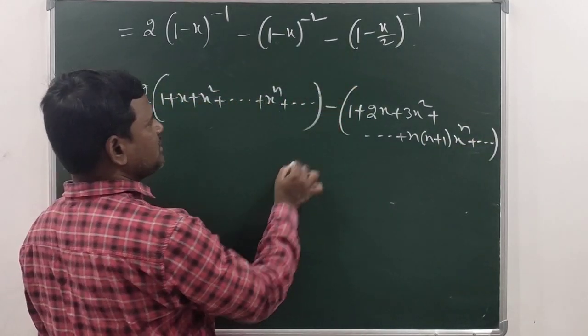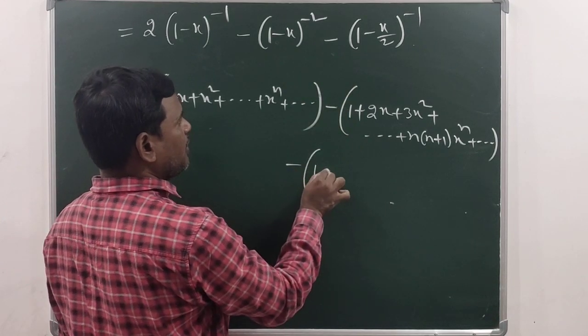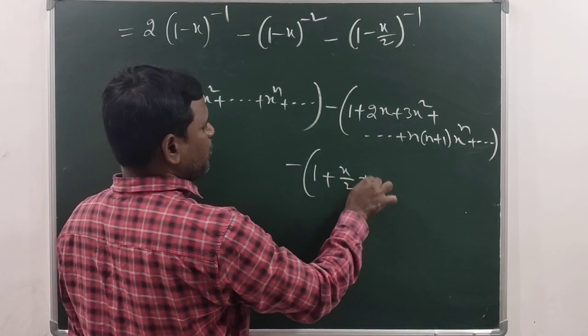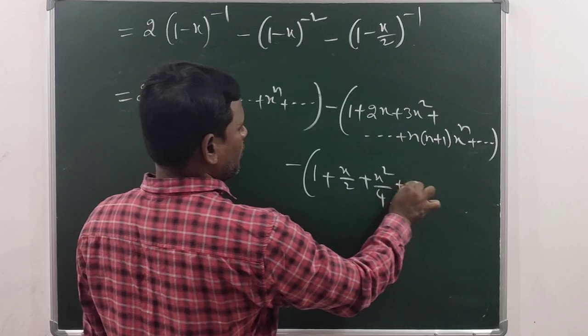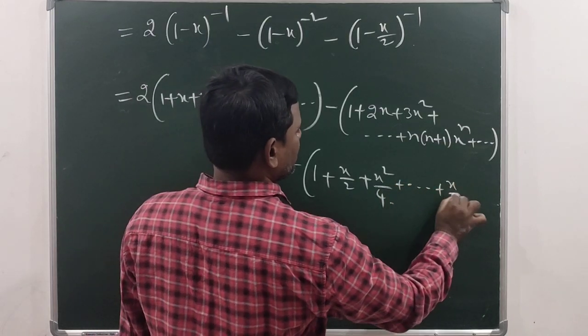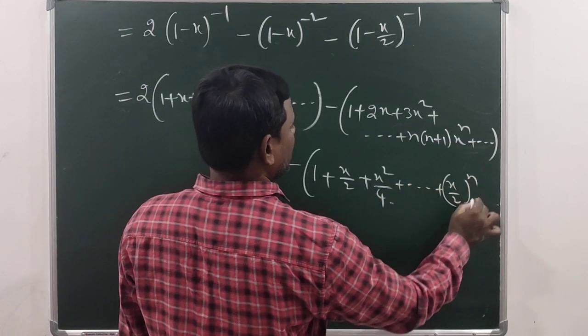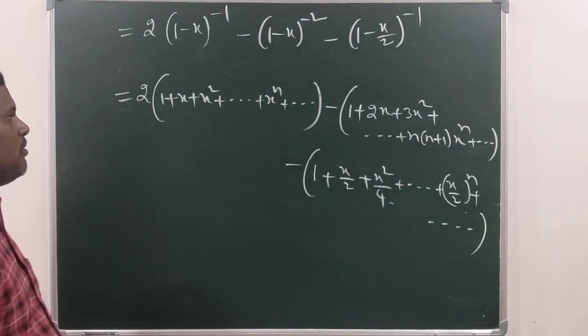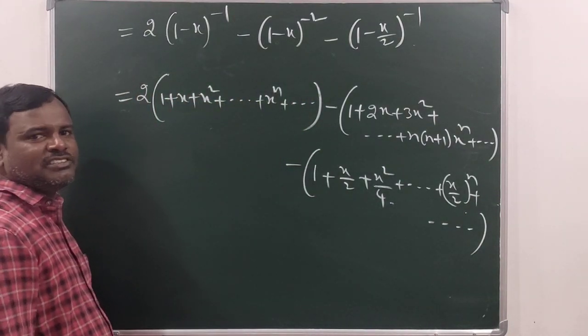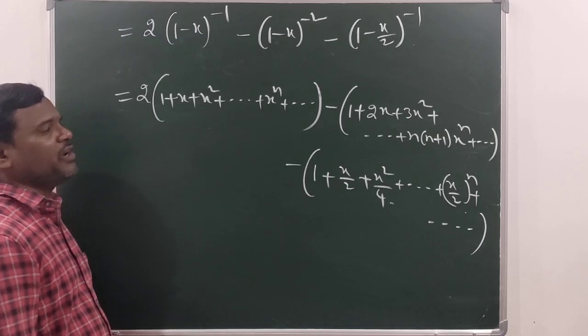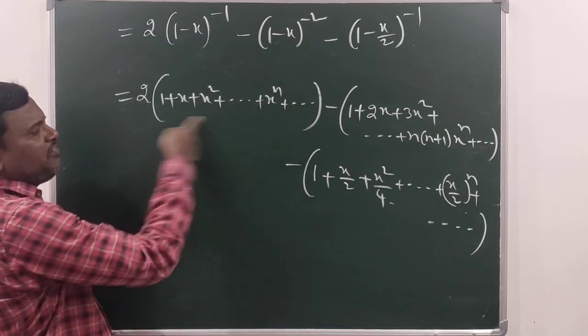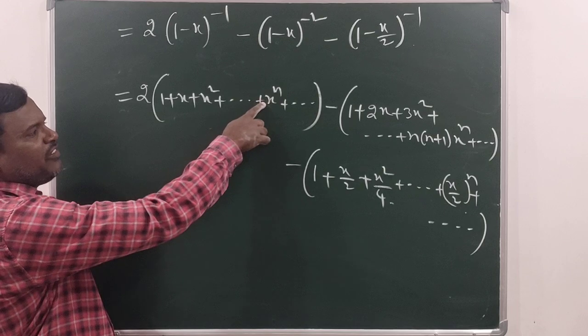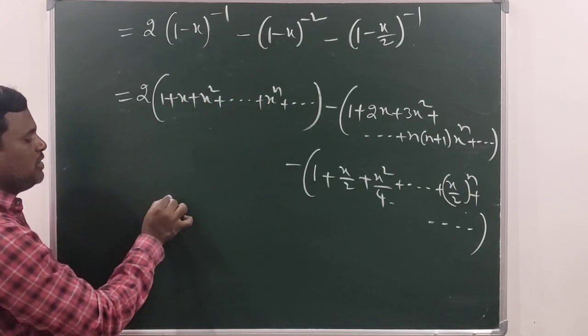And what about this? Minus of 1 plus x by 2 plus x square by 4 and so on, x by 2 whole power n and so on. Now here what do we require students? Coefficient of x power n.